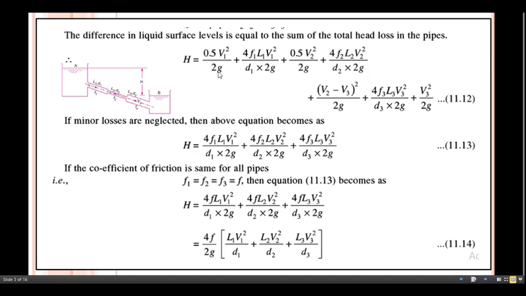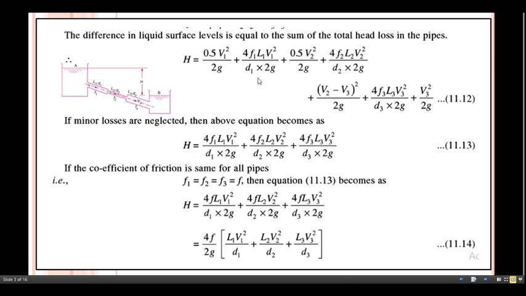So this is nothing but the friction loss at various cross sections, and this indicates the minor loss at the various points. Now if we neglect the minor losses, then the above equation becomes, this is nothing but the minor loss, this one and this one.